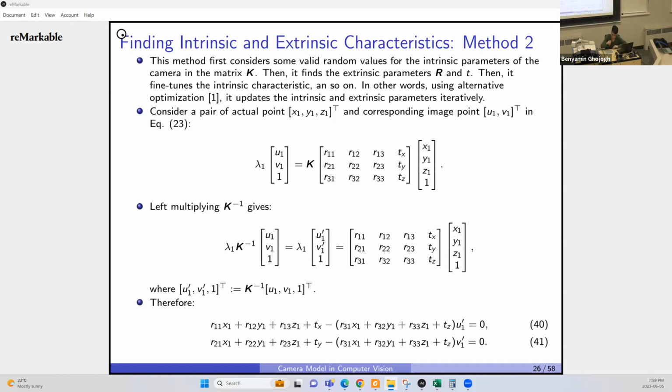Well, how does it do that? It assumes something for the intrinsic parameters, finds the extrinsic parameters, goes back and finds the intrinsic parameters, then goes back and finds the extrinsic. So it alternates between finding intrinsic and extrinsic parameters. In optimization, it's called alternative optimization.